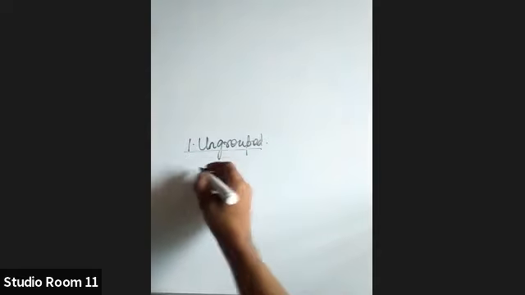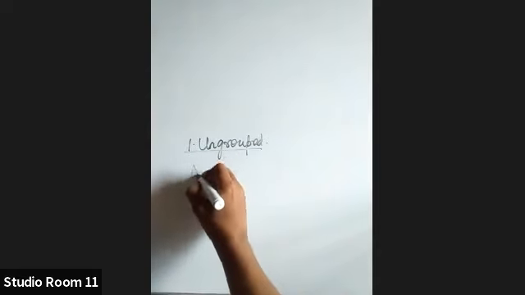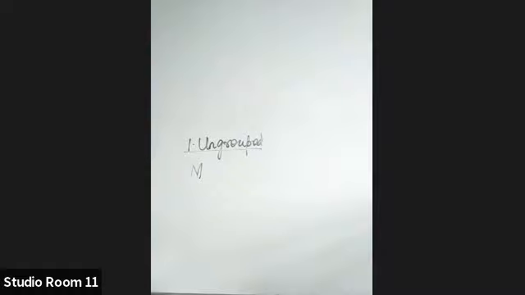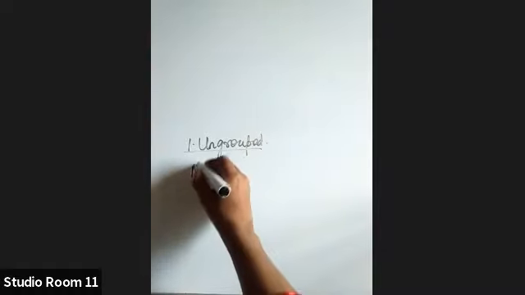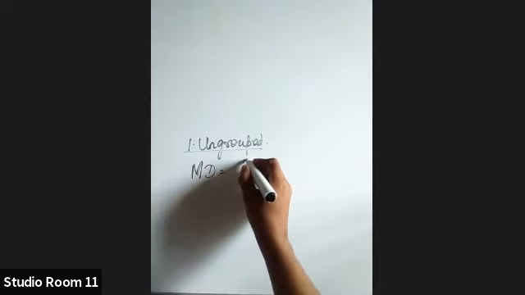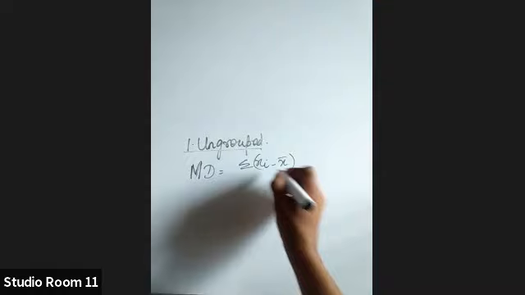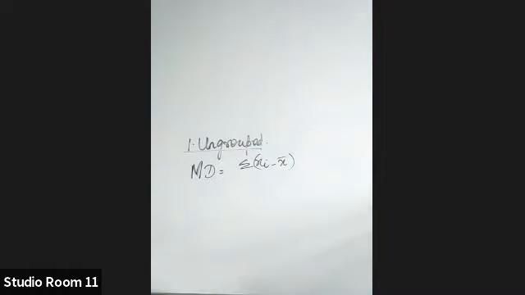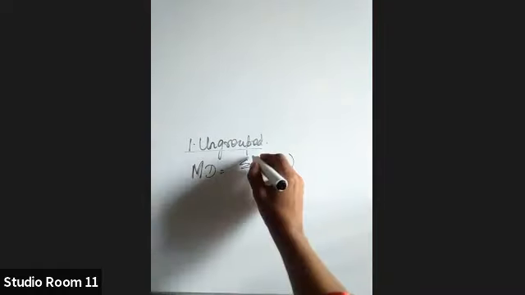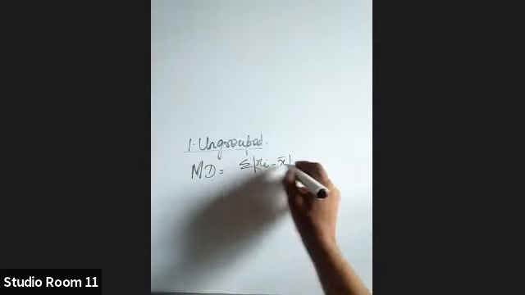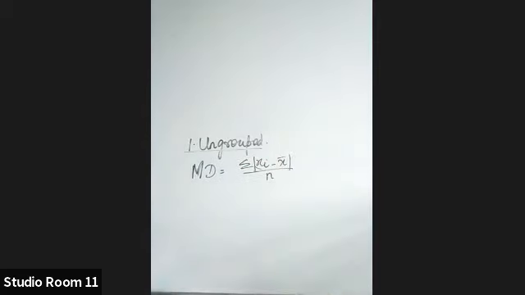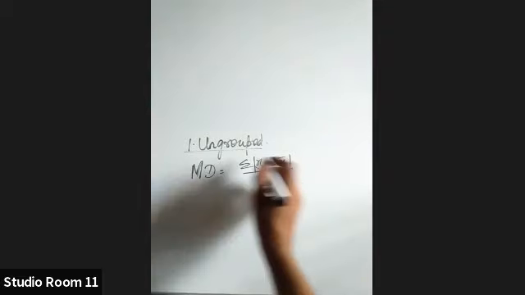So for ungrouped data, usually we denote this as MD. Mean deviation is given by MD is equal to sigma modulus of xi minus x bar by n. This is for ungrouped data, deviation about the mean.